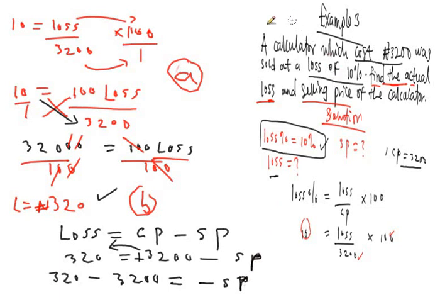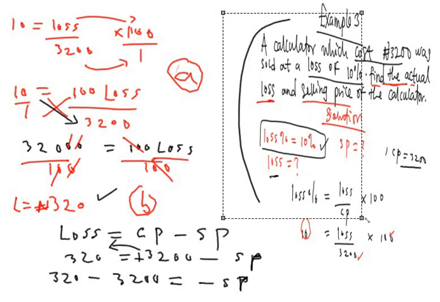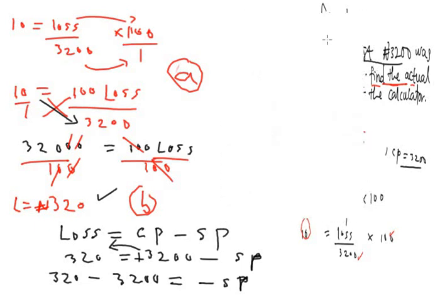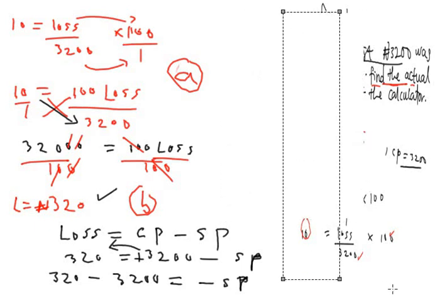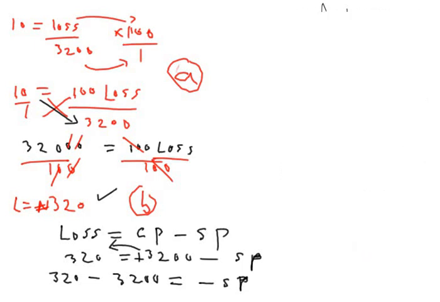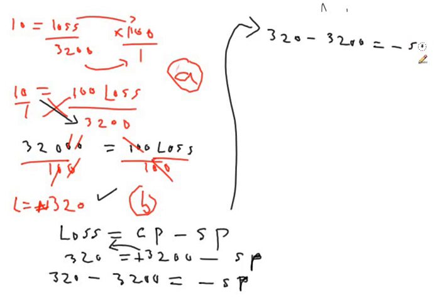I have to delete this so I can have space. Okay, I have space now. So I'll take this and continue here. So I have 320 minus 3,200, isn't it? Equals minus SP, which is selling price. So this minus this will give you this.